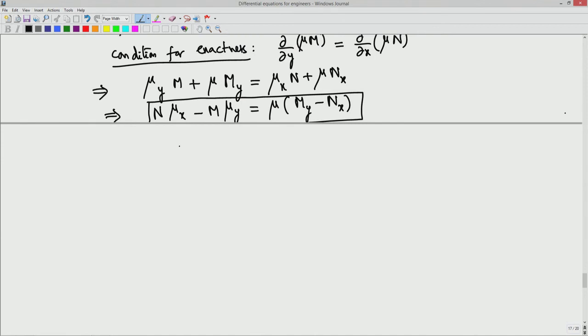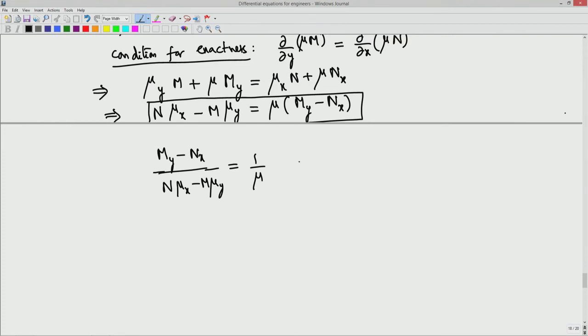How do I do that? How do I find such a mu? So we have (M_y minus N_x) divided by (N mu_x minus M mu_y) equal to 1 by mu. If you are looking for some function mu that is only a function of x, then mu_y is 0.